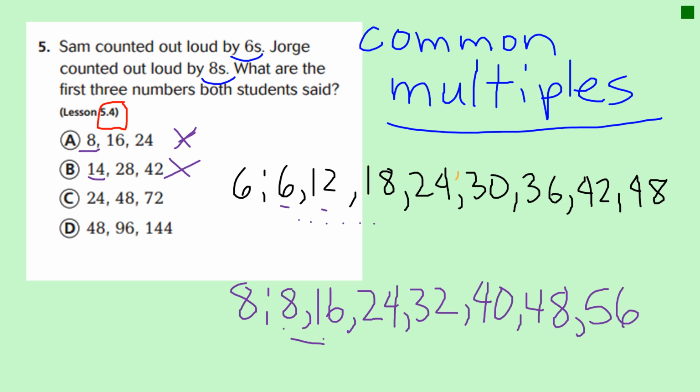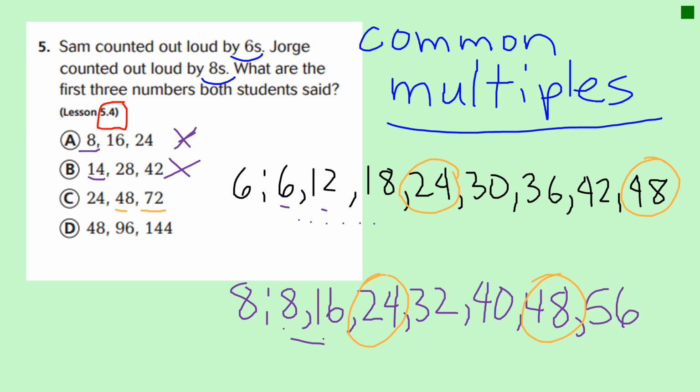Oh, look at this, guys. 24, 24. What's the next one? 48. Well, that's where I stopped on my 6s. 48. And then 72.